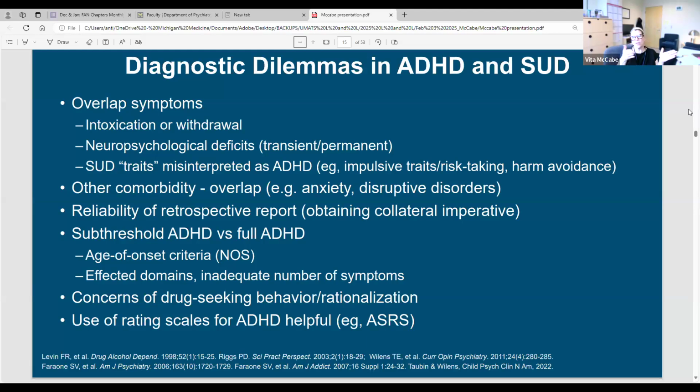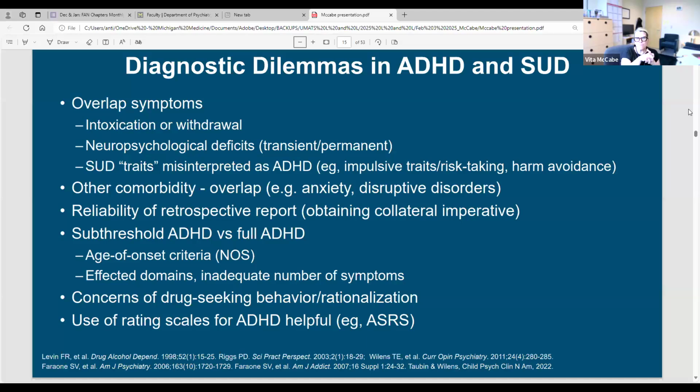Many people are either not diagnosed with ADHD or diagnosed with ADHD who probably are more on a low needs, high functioning autism spectrum. Reliability of retrospective report can be challenging in individuals with substance use disorders.